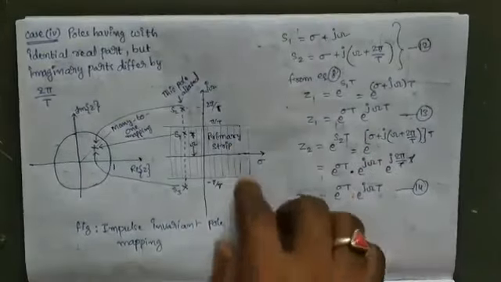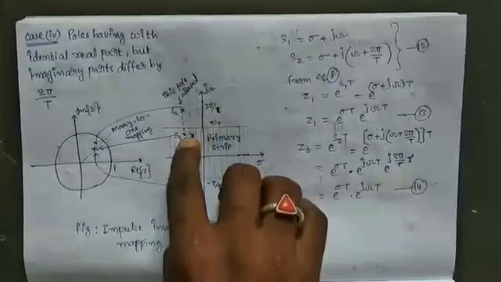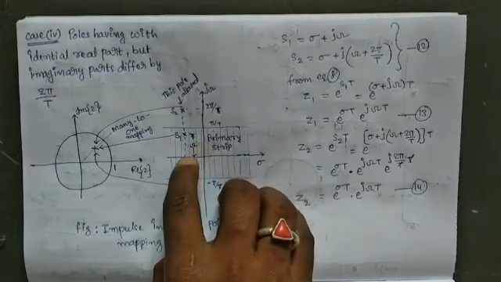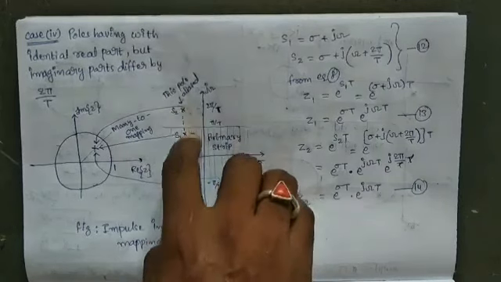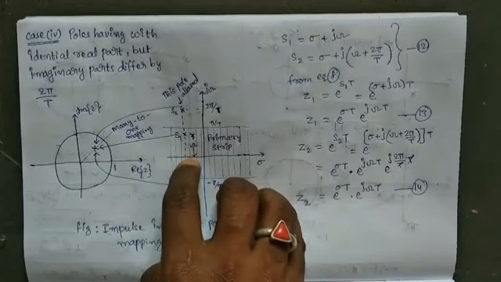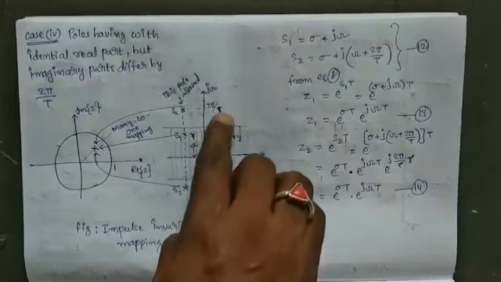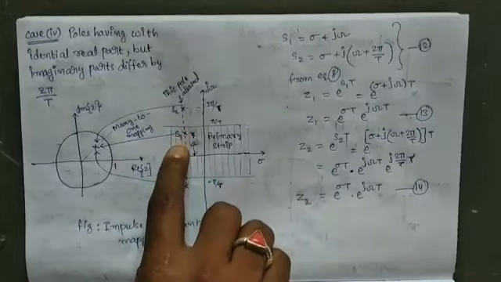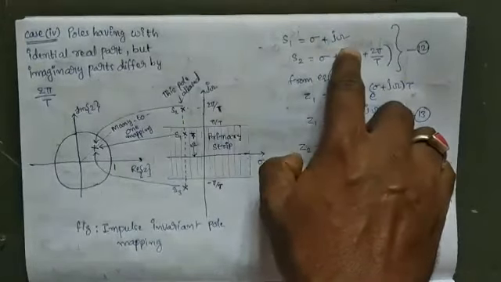For example, I am considering the poles. S1 is one pole, and S1 and S2 are poles which are identical in the real part, and these two poles differ by phase angle 2 pi by T. We express S1 as sigma plus j omega.